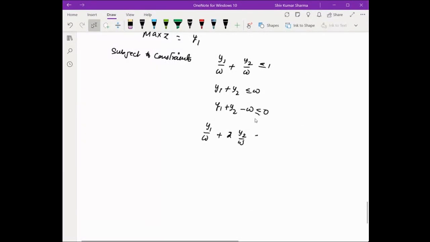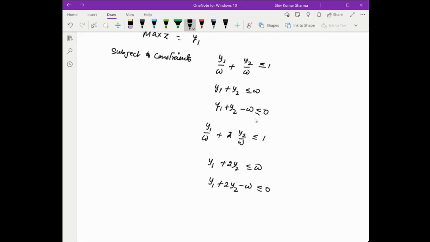So we write y1 plus 2y2 less than or equal to omega, and y1 plus 2y2 minus omega less than or equal to 0. So this is the second constraint.